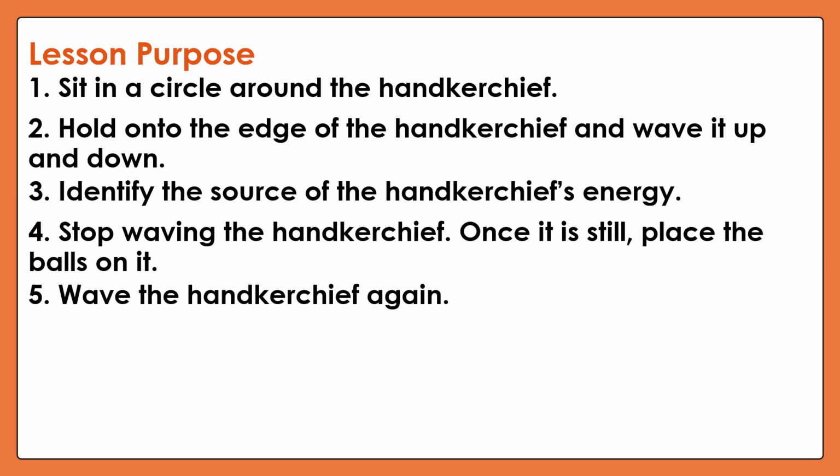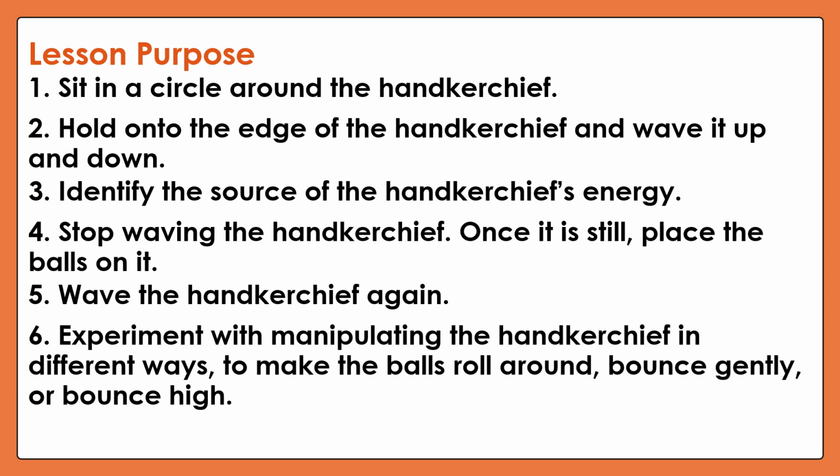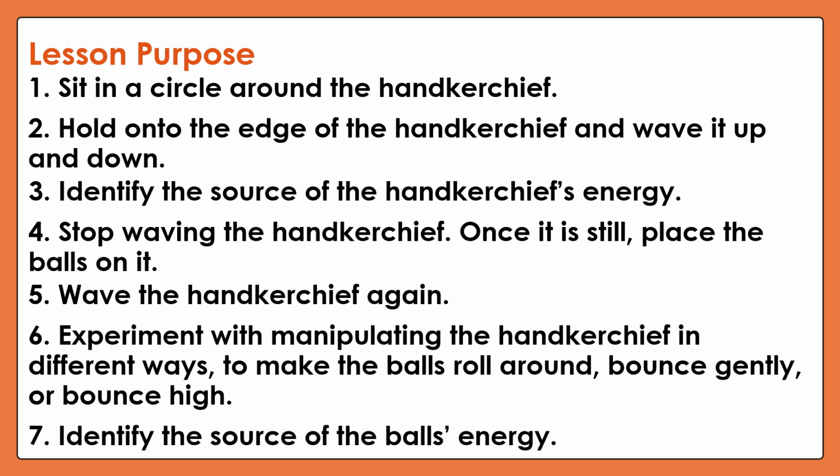Number 5, wave the handkerchief again. And number 6, experiment with manipulating the handkerchief in different ways to make the balls roll around, bounce gently, or bounce high. And last, number 7, identify the source of the ball's energy.